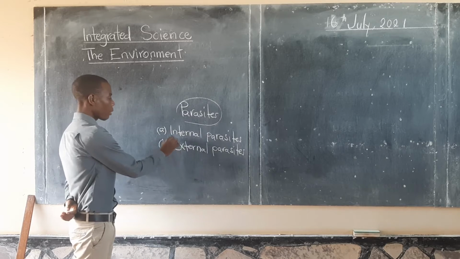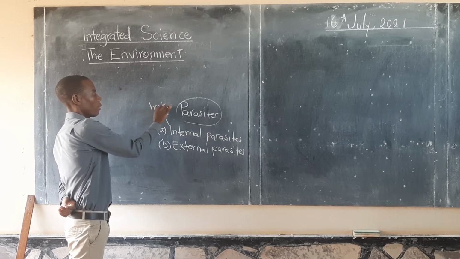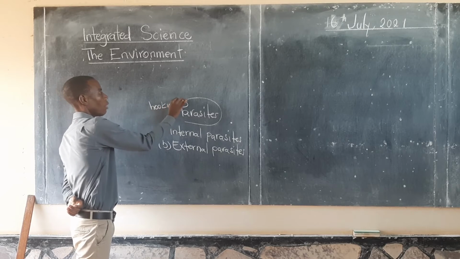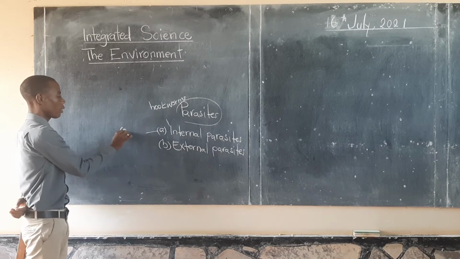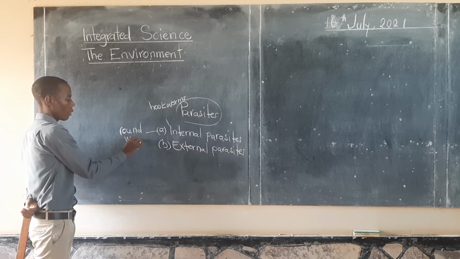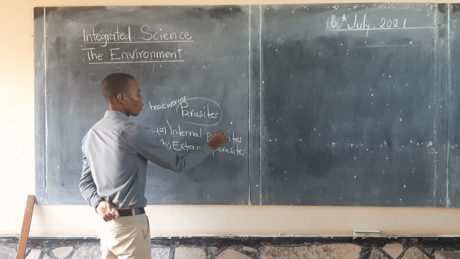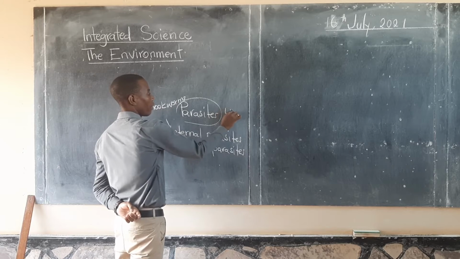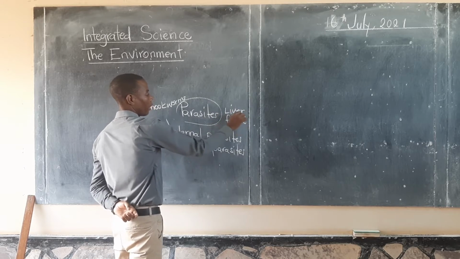We gave examples of internal parasites such as hookworms. We also talked about roundworms. Apart from roundworms, we also looked at liver fluke.